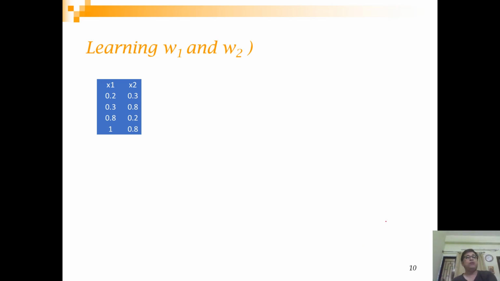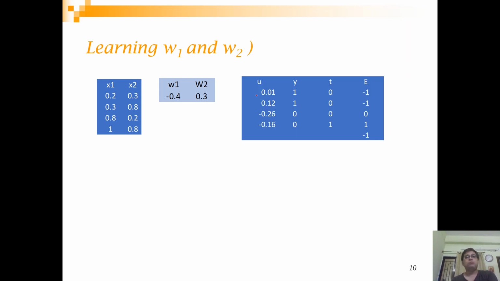Let's say I start with x1 and x2, these values, and I randomly pick some values for W1 and W2, maybe minus 0.4 and minus 0.3. We first calculate u, which comes to be 0.01. How does this come? It is 0.2 times minus 0.4 plus 0.3 times minus 0.3, and that's how you get this 0.01. Here the threshold that we take is 0.